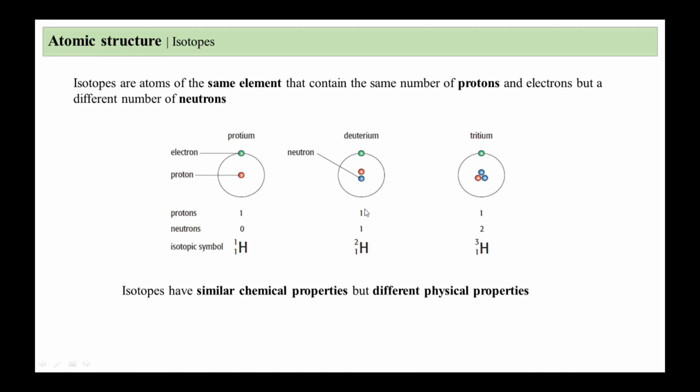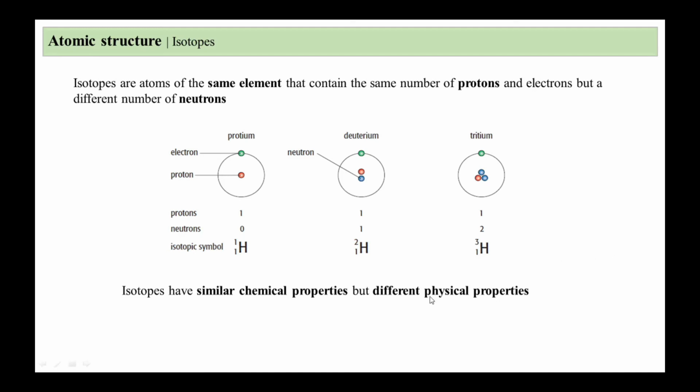Here we can mention that isotopes have similar chemical properties and different physical properties. The similar chemical properties are due to the fact that they all have the same number of electrons in the outermost shell, so they react in the same manner with other elements.